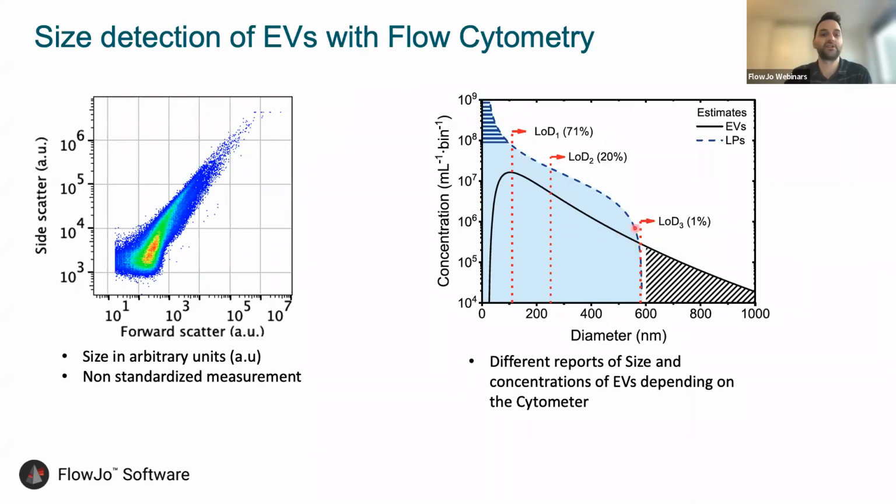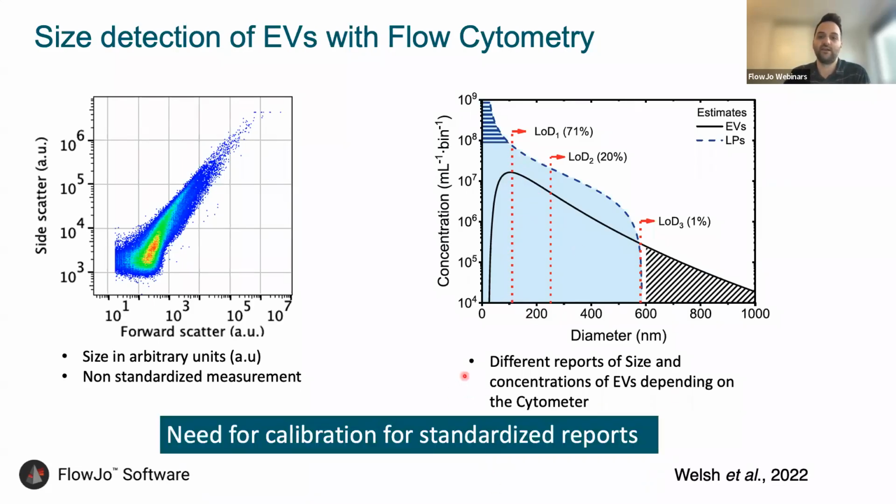In the third cytometer, we would have EVs more than 600 nanometers, in the second cytometer more than 300 nanometers, and in the first cytometer above 100. Therefore, there is a need to calibrate those different cytometers and have a standardized measurement of size in order to have accurate reports concerning the size of EVs.